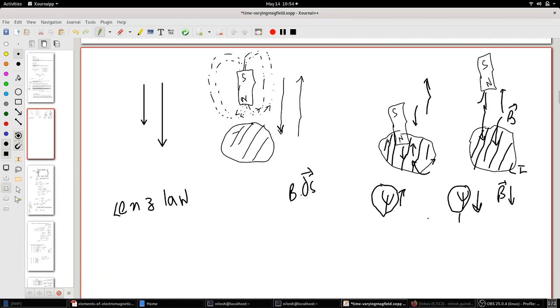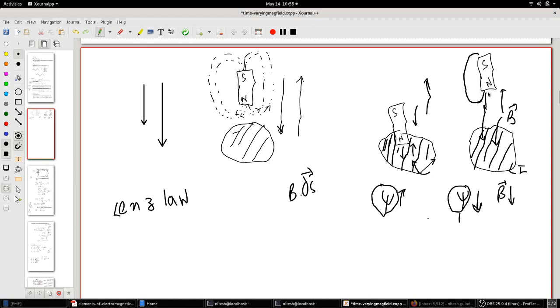So when I say that B decreases or increases as we move the magnet closer or away from the closed loop, what it implies is the amount of B, the flux lines that pass through this particular closed loop. Whatever B is because of the north-south poles of the magnet, there are flux lines generated, right?